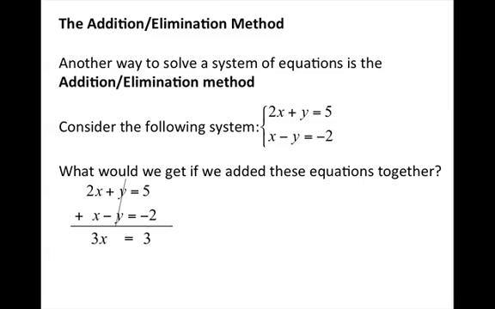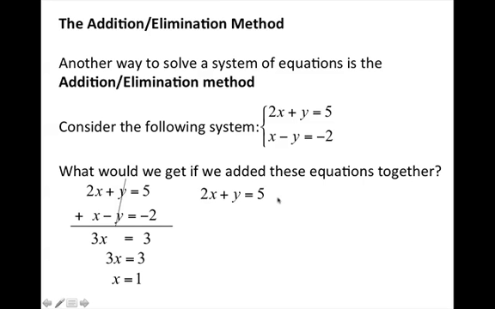Since my y's canceled, I ended up with an equation with just an x, and I can solve for that x by dividing by 3. So I end up with x equals 1. Well, now that I know the x value, let me take that 1 and plug it into either one of my original equations. I'm just going to use the first one.